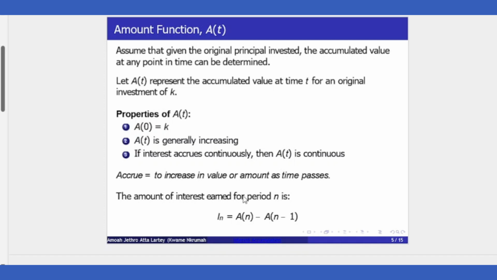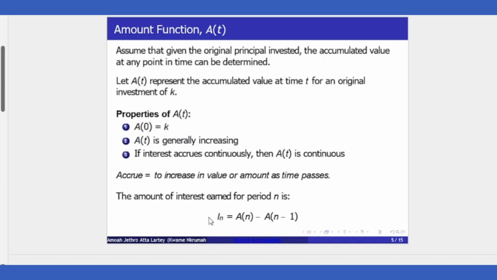The amount of interest earned for period n. Now, to determine the amount of interest earned for period n, the amount of interest is also represented with a capital I subscript n, right? That's the amount of interest earned. So let's say you are holding 100 cedis today, and then at time 1, the next year, you have 120, right?